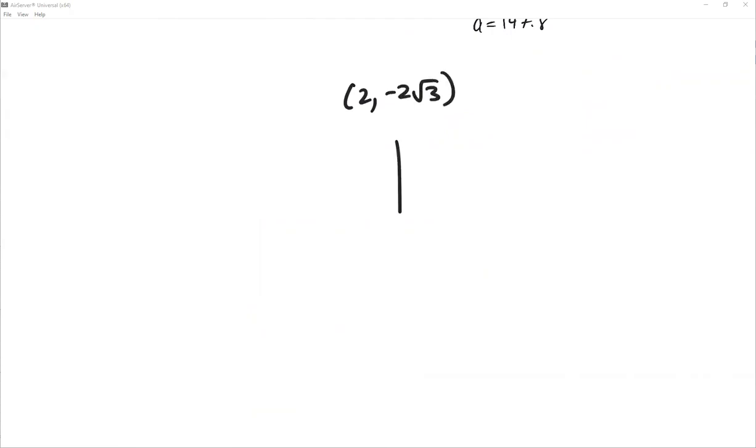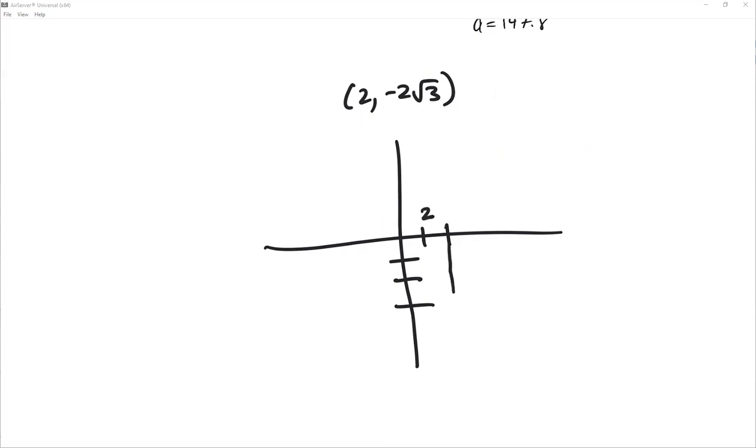If you graph this, it is going to be in the 4th quadrant. 2 radical 3 is 3.46. So here's 2, and then negative 2 radical 3, or negative 3.46, is right here.